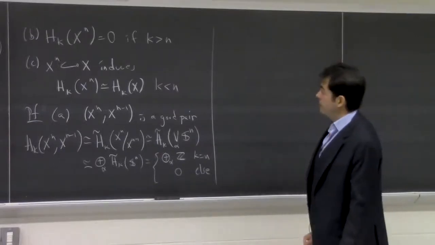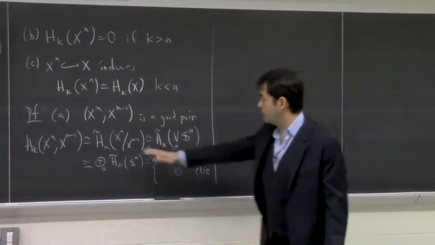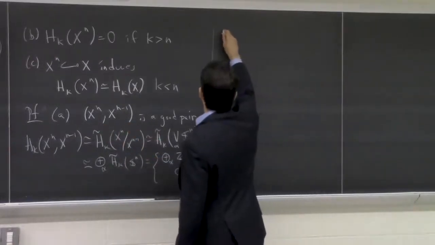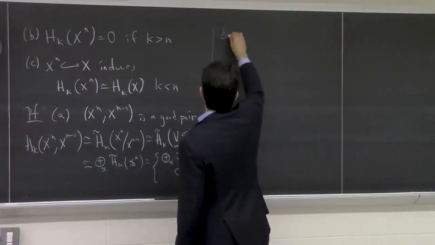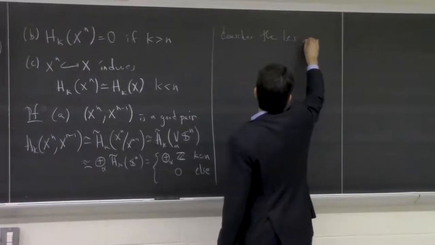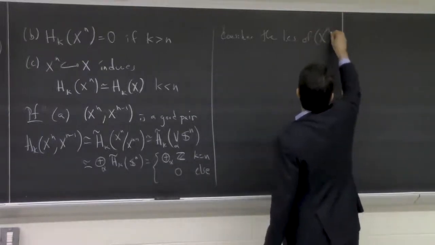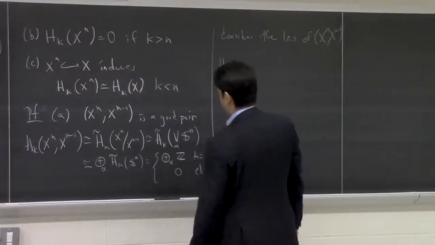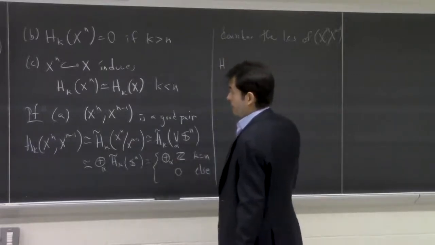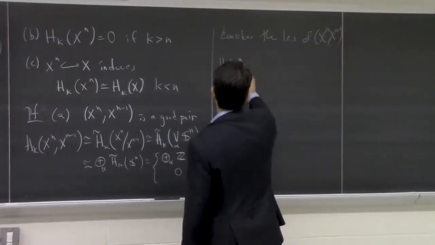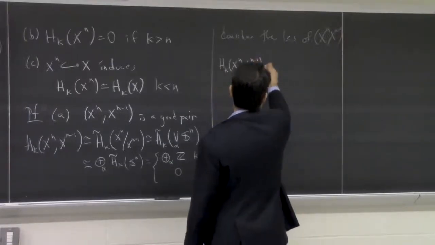Okay, on the other hand, for B and C, we look at the long exact sequence of the pair. Right, so okay, so we have H_k of X_{n-1}.